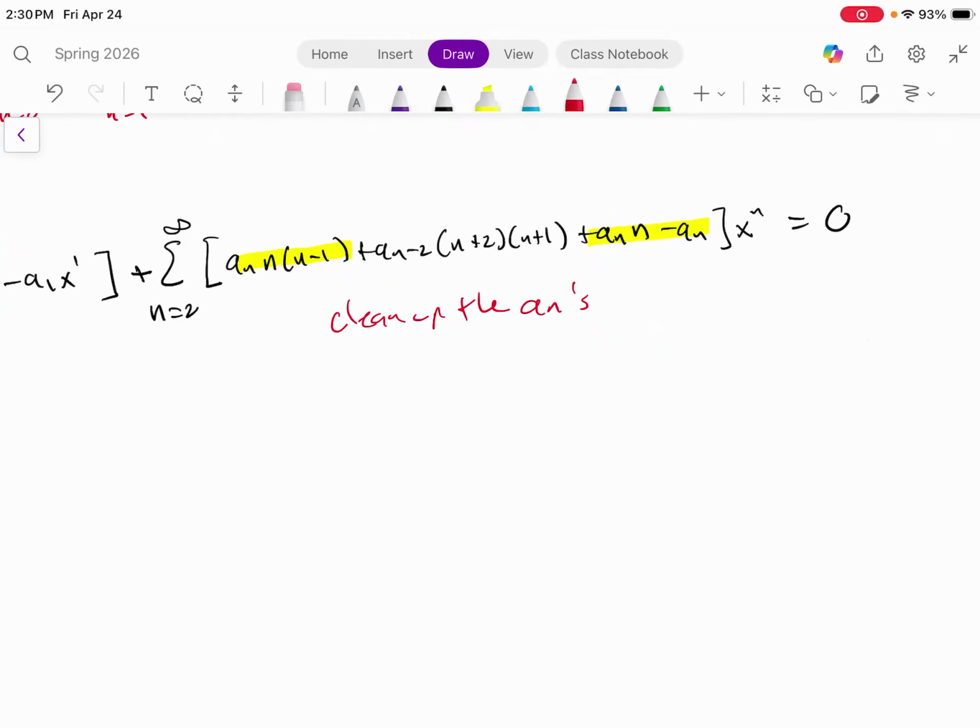So what I'm going to do is, let's rewrite it like this. I'm going to write it like a sub n times n minus 1 plus a sub n minus n. So we're going to clean this up. I'm going to factor out an a sub n. So this would be like n times n minus 1 plus n minus 1.